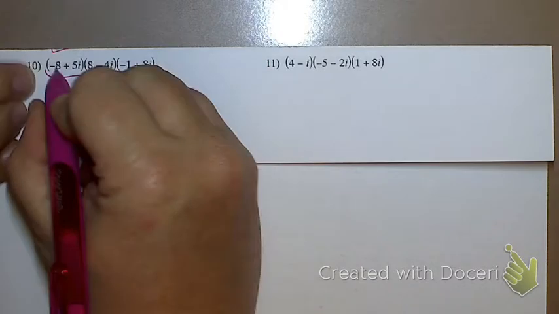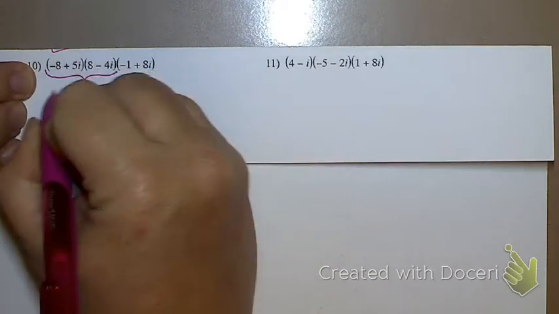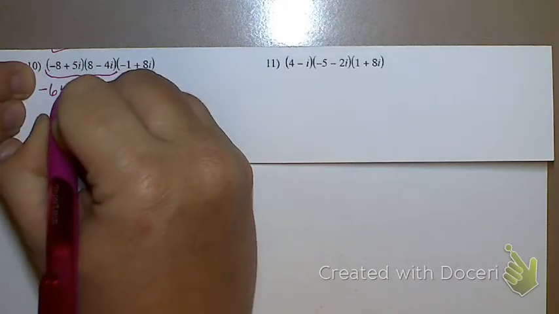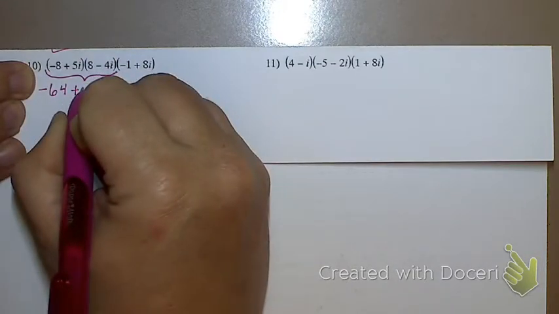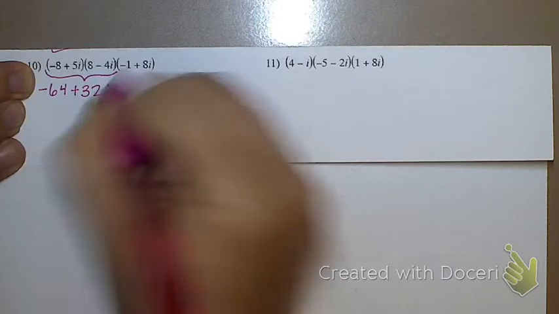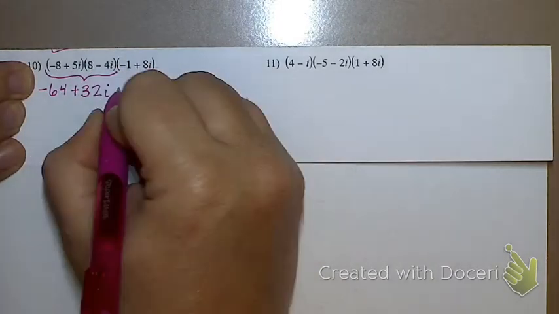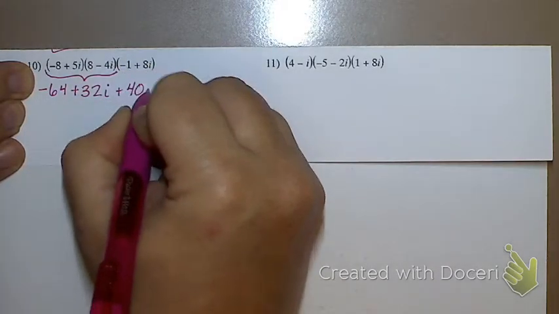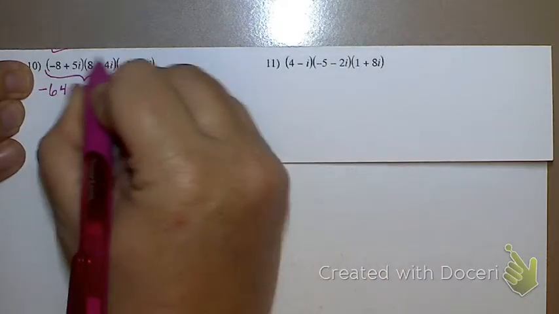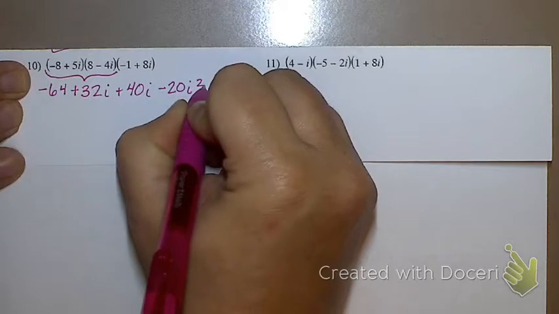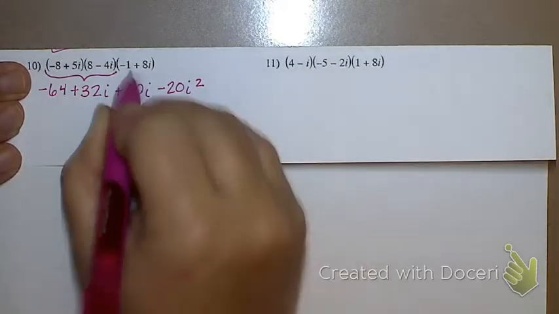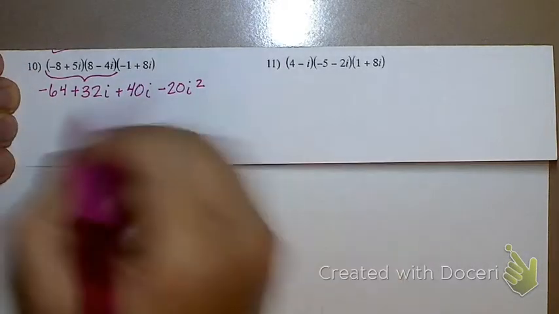Okay? So if I multiply this one, -8 times 8 is -64. -8 times -4i would be positive 32i. 5i times 8 is 40i. And 5i times -4i is -20i squared.